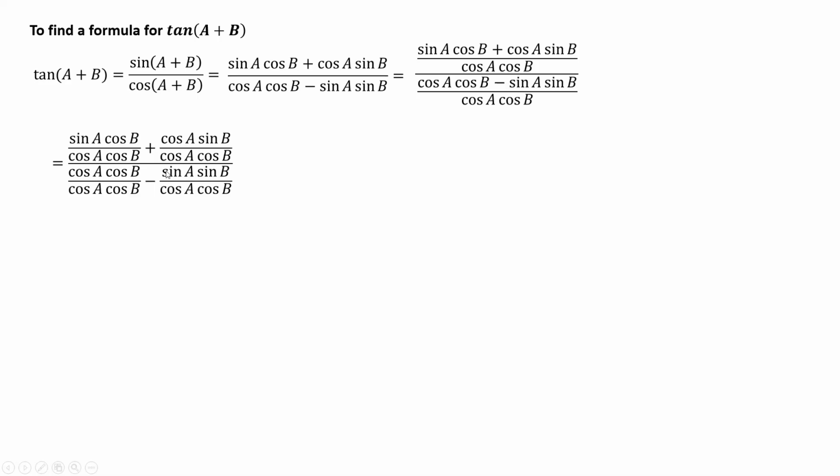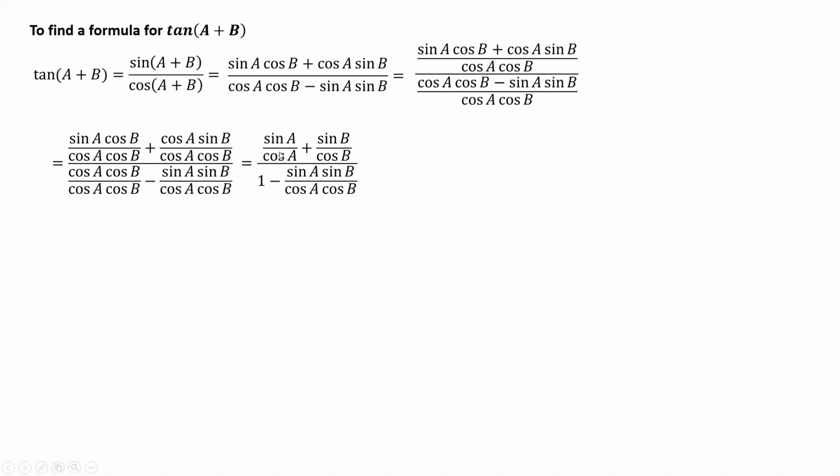And I cannot cancel anything here. However, I can say sine A over cosine A is tangent A, sine B over cosine B is tangent B. Right? So let's recognize all of that. So what do we end up with?